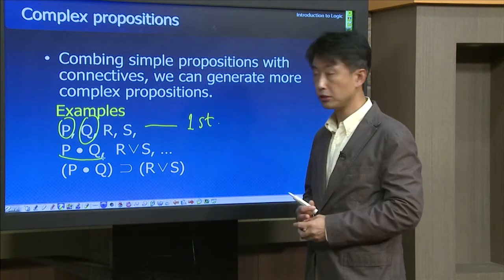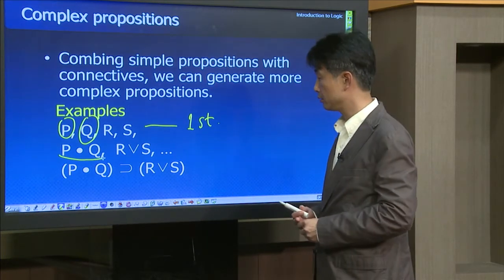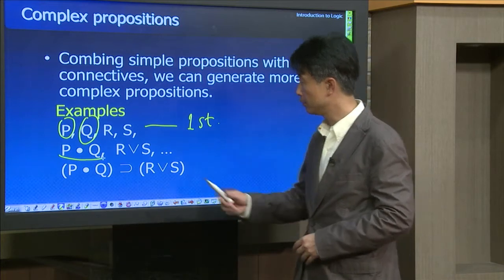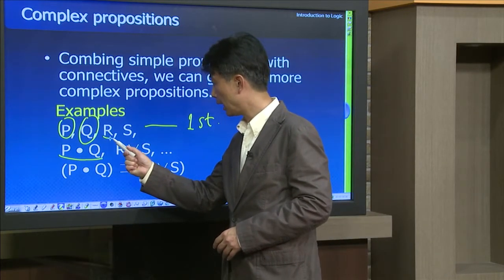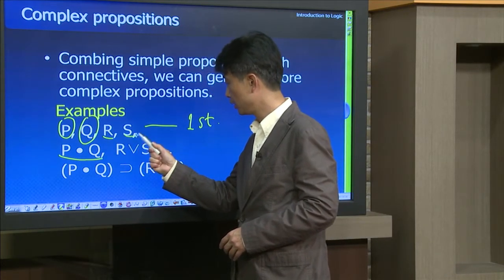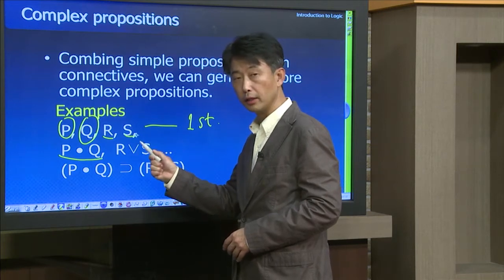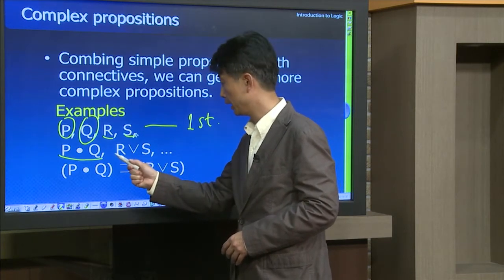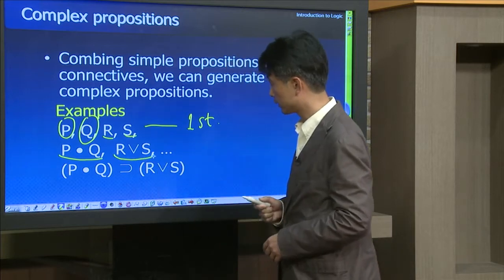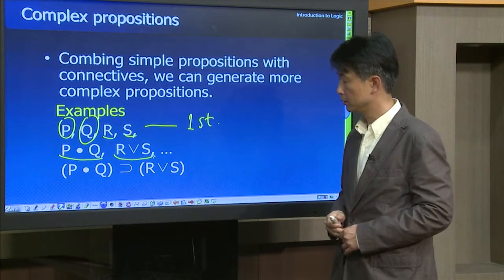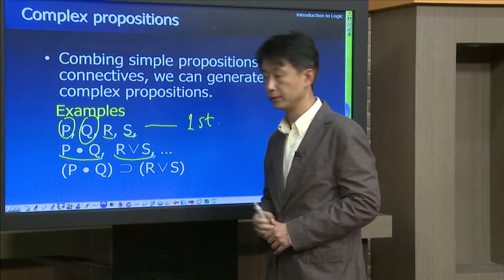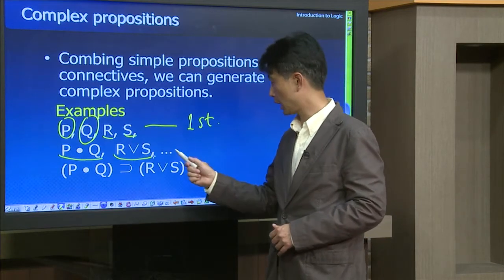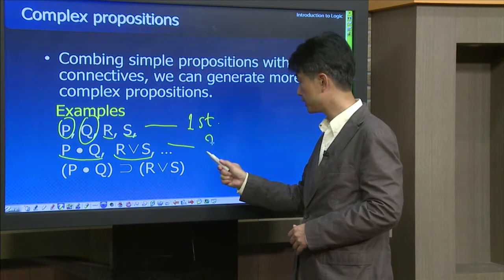That's a legitimate thing to say in this language. Another example, you can combine R and S with the connective disjunction and construct this complex proposition, R or S. Okay? These are the kind of things that you can say, let's say, at the second level.